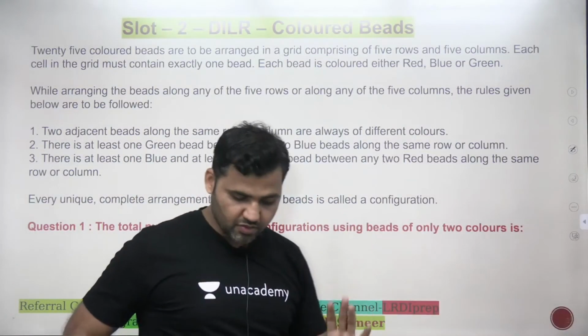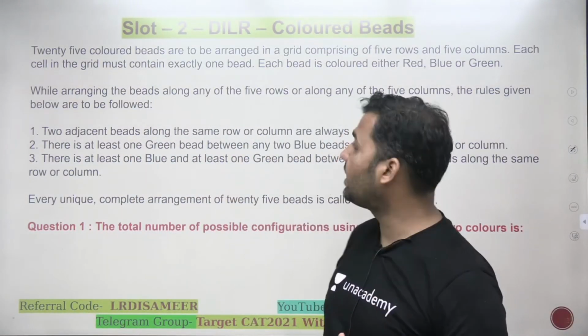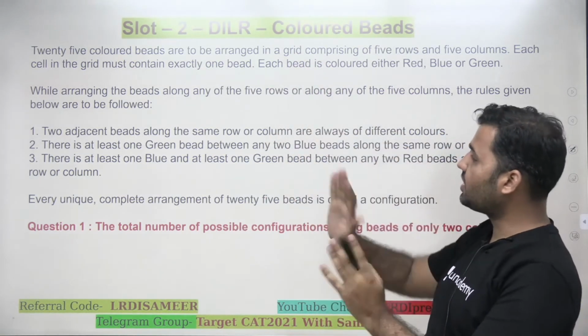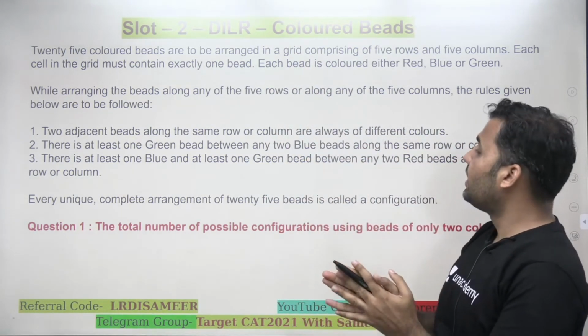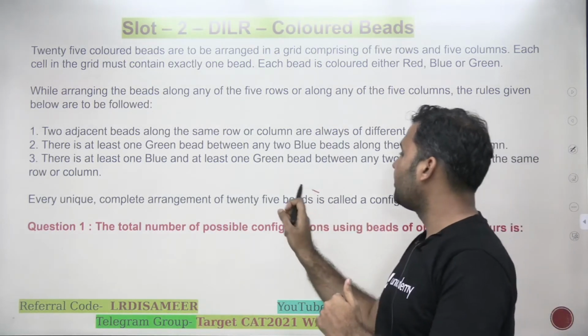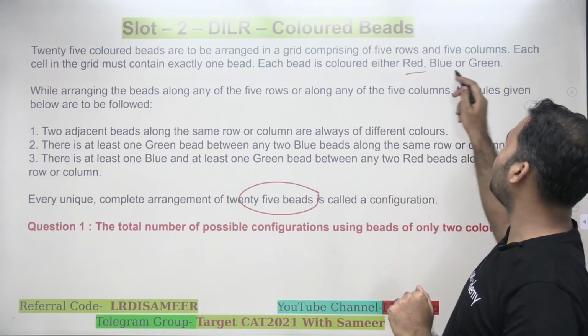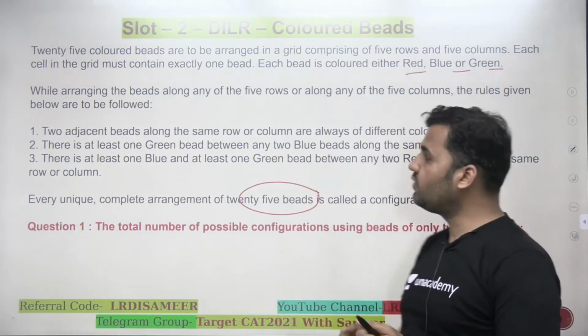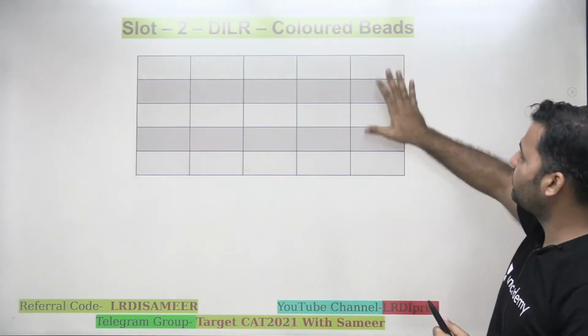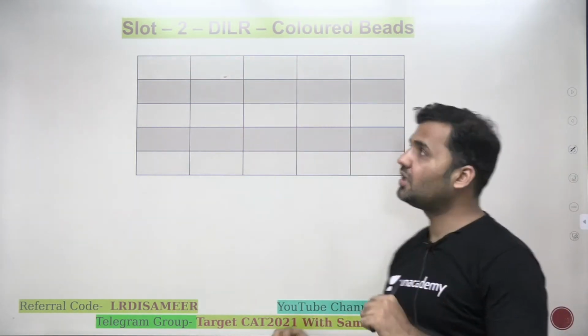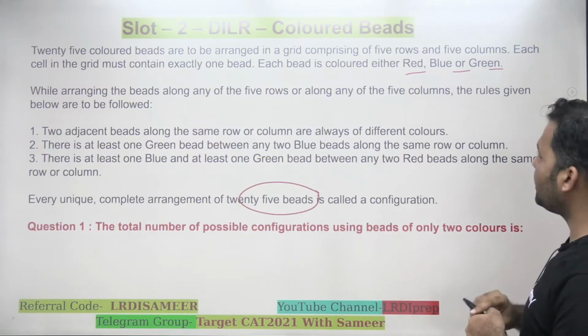So I hope you go through that video first so that you get a basic idea of what the instructions are here. But again, in this particular set, the instructions are not many. You have a total of 25 beads of 3 colors: red, blue, and green. In a 5 into 5 matrix, you are supposed to place the beads with 3 conditions in mind. What are these 3 conditions?